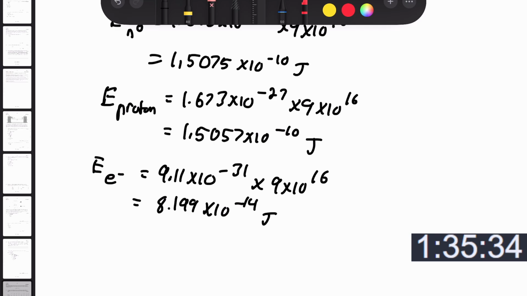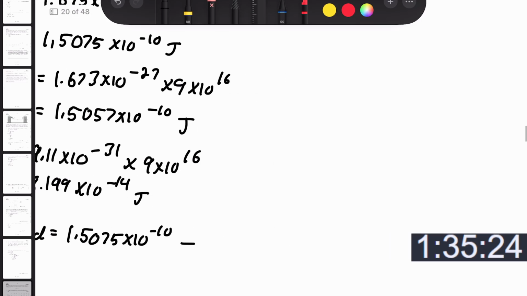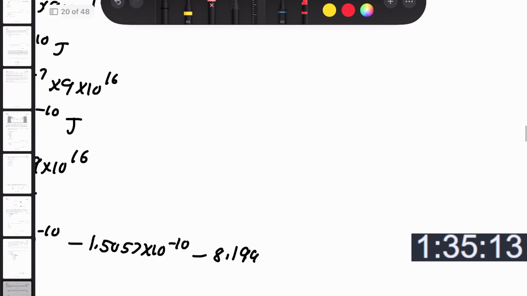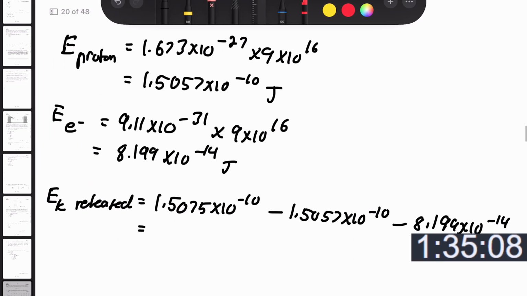So then the kinetic energy released is the left hand side minus the right: 1.5075 times 10 to the negative 10 minus 1.5057 times 10 to the negative 10 minus my answer.